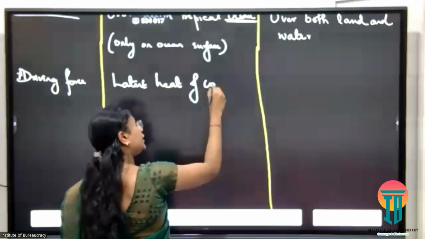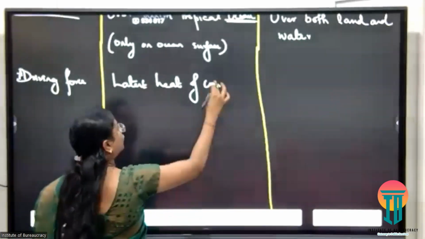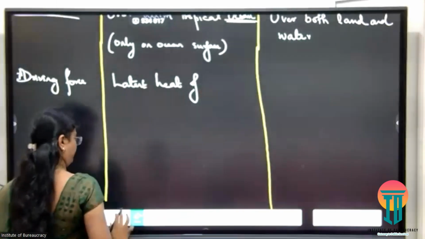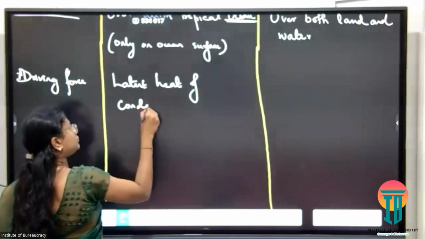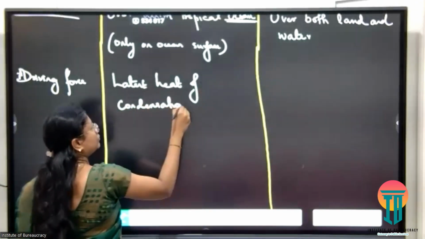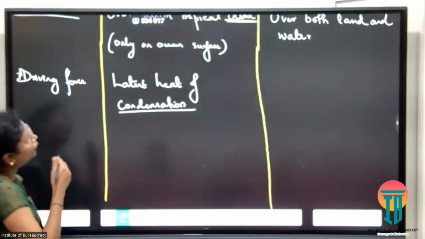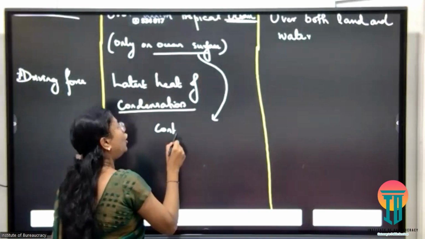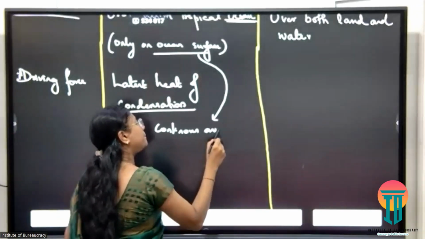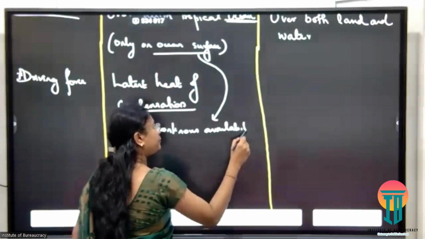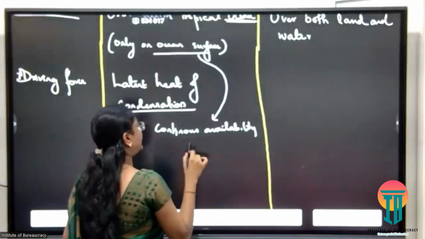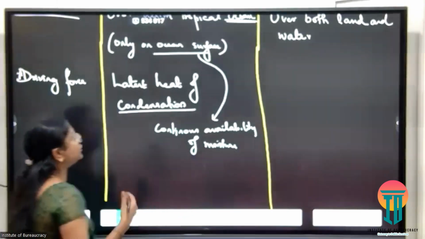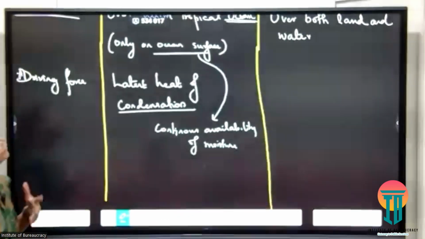This chart is very relevant, so don't lose these notes. Since they are over ocean surfaces, there is a continuous availability of moisture. Thereby the latent heat of condensation will sustain the cyclone.